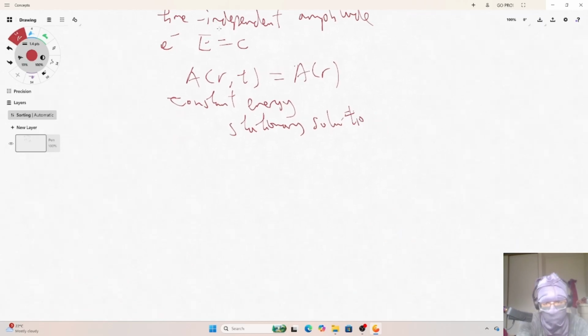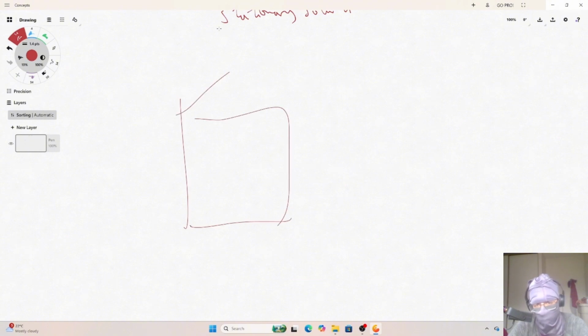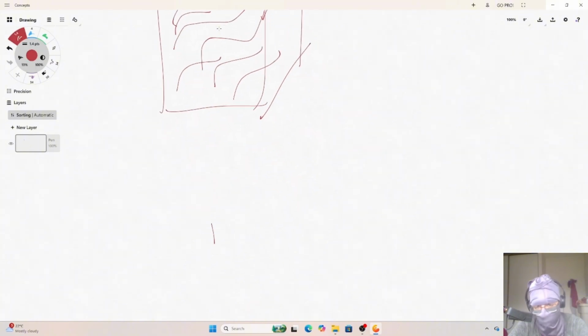So he wanted, in space, to describe electron wave amplitude fluctuations that didn't change with time. He wanted stable solutions, as for an electron around the proton.